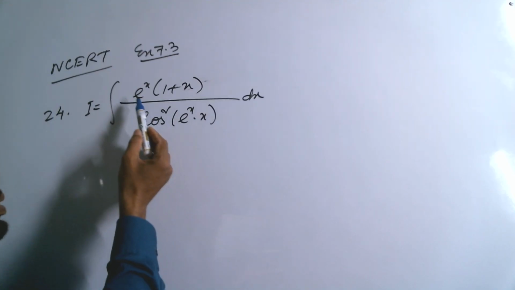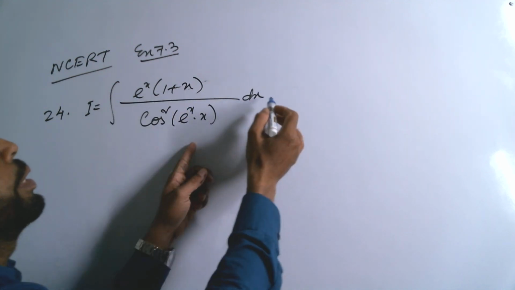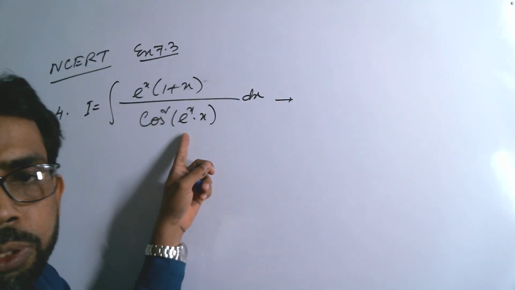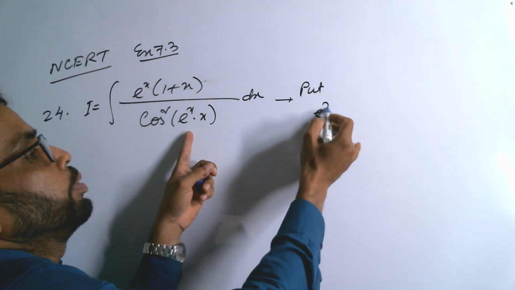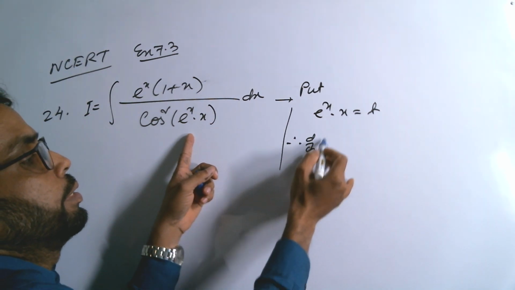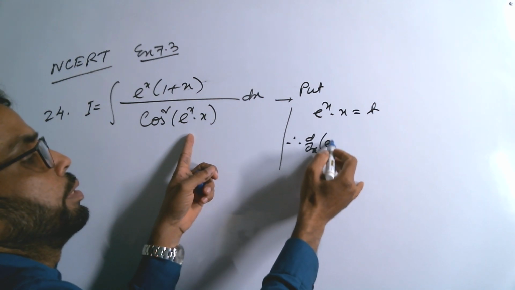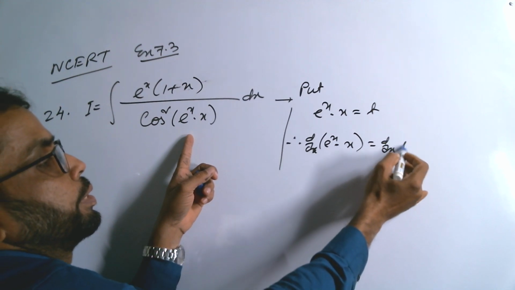Next question is integral of e to the power x into 1 plus x by cos square of x e power x. Here we will do the substitution method. We will substitute e to the power x into x is equal to t, and then differentiate. d dx of x e power x equals d dx of t.